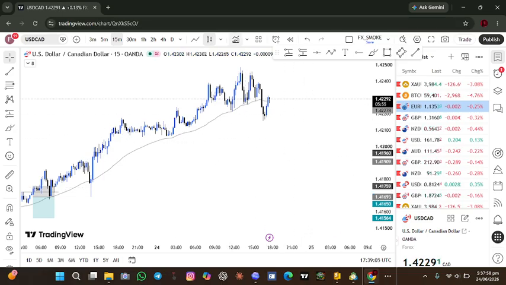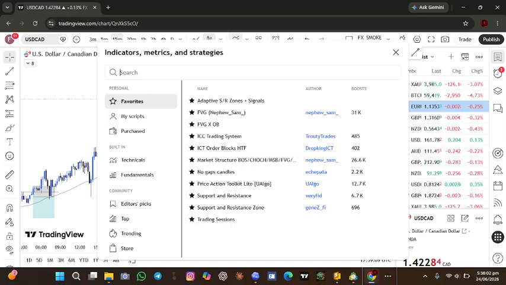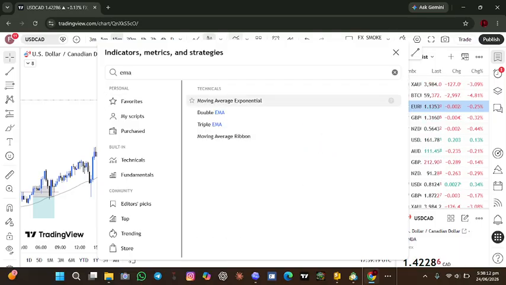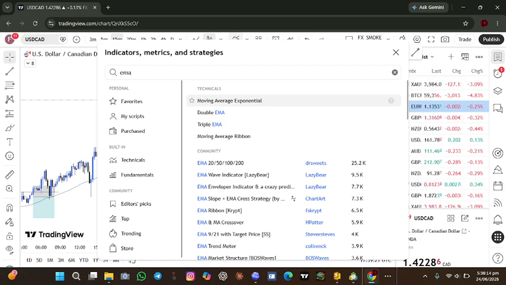What do I mean? Let's just hop in, start everything, then do some examples. If you open TradingView, head to indicators, then search EMA, then choose this one, the exponential moving average.